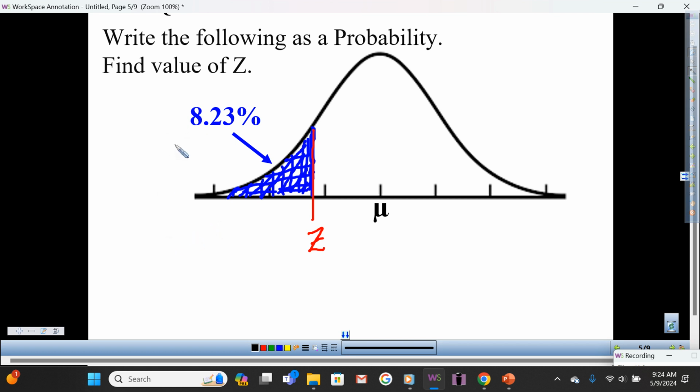So this becomes 0.0823. Okay, that gets us close to Z. Then what shall we do with that? Tell your neighbor, and then Illy's going to pass it to someone. 0.0823.